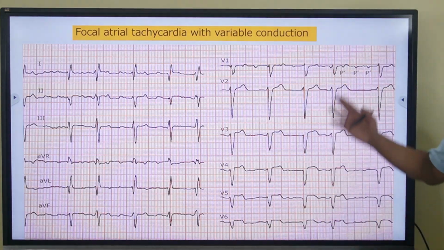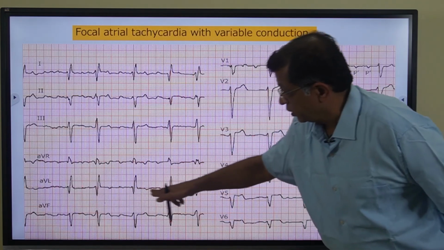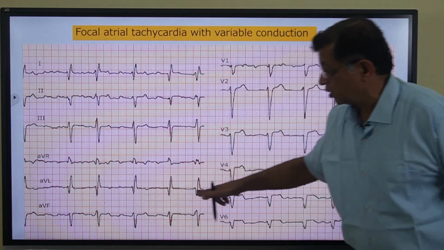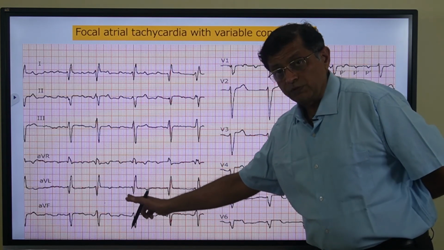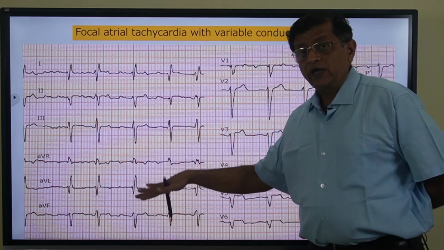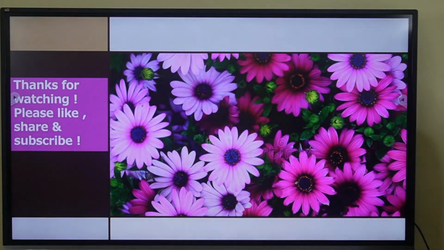So that is focal atrial tachycardia with variable conduction. The RR interval may seem irregular, but these similar P waves, which are different from the sinus P wave, tell you that this is not AF but focal atrial tachycardia with variable conduction.